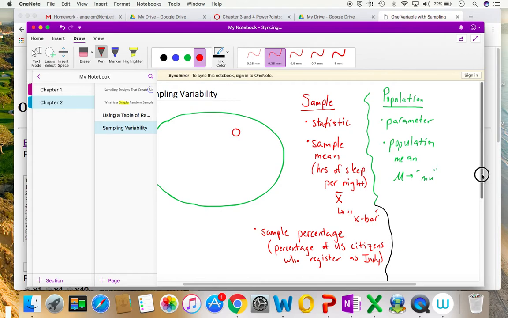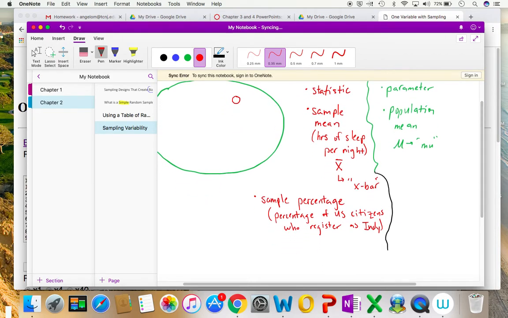That would be a measure where obviously we want to measure that in terms of a percentage, and it's less practical or less useful to measure that variable in terms of a hard count. Say it's 100,000 people. It's more meaningful to say maybe 5% or 10% of the population is registered as independent.